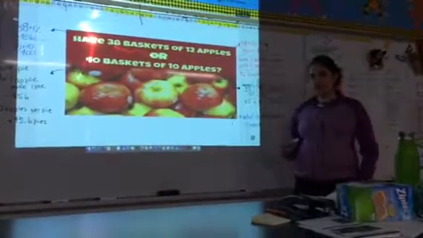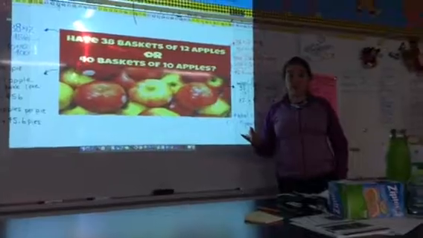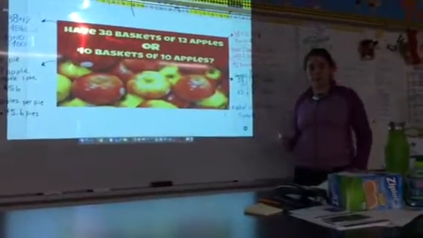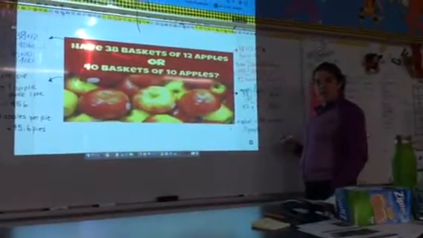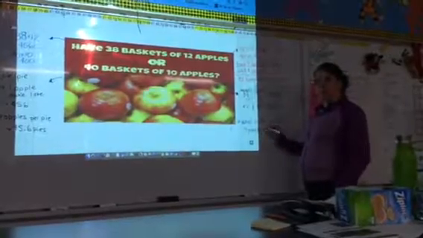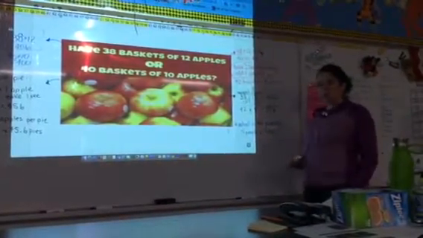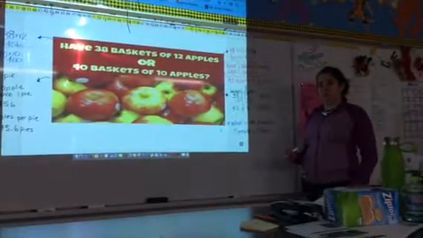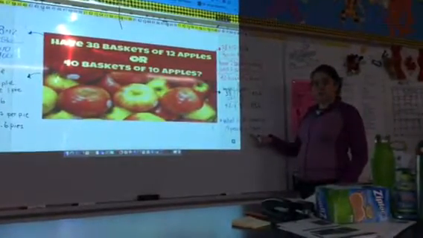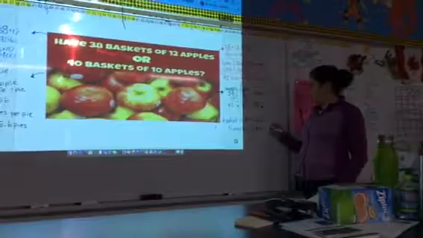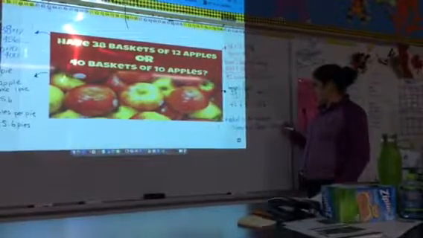If everyone ate an apple every day, let's say, it's a really healthy family, eating an apple a day, right? We have 7 days in a week. How many apples could you eat in a week? 35 apples, right?